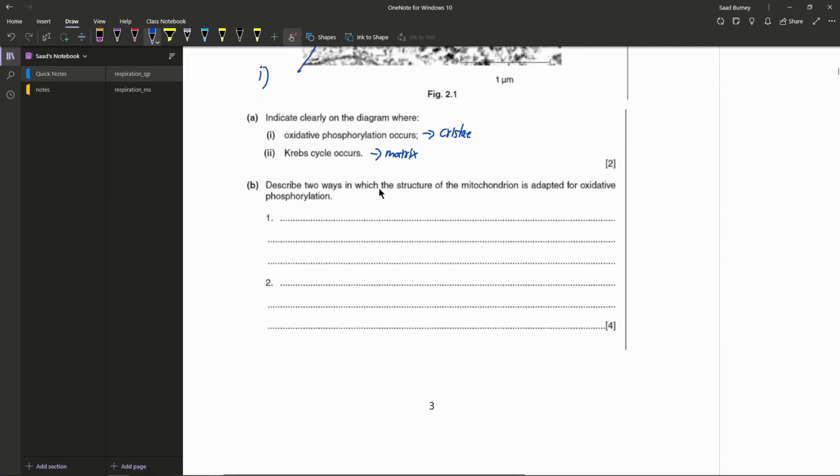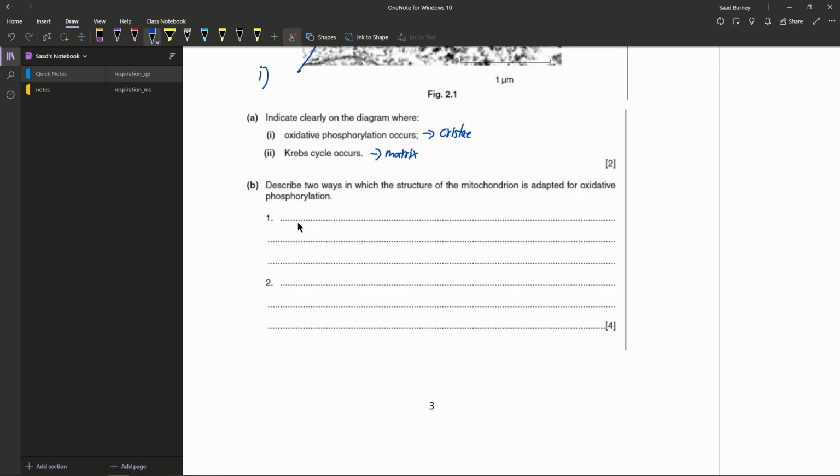Okay, now it says describe 2 ways in which the structure of the mitochondrion is adapted for oxidative phosphorylation. Now, we need to keep in mind that these adaptations are only for oxidative phosphorylation.